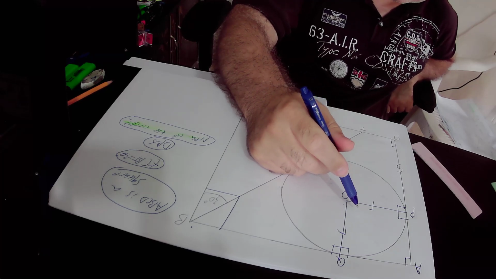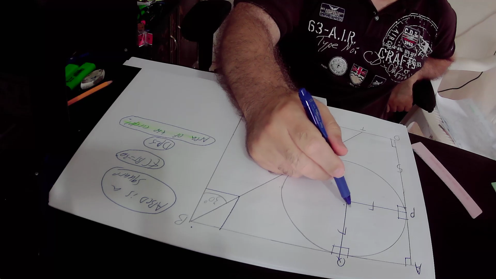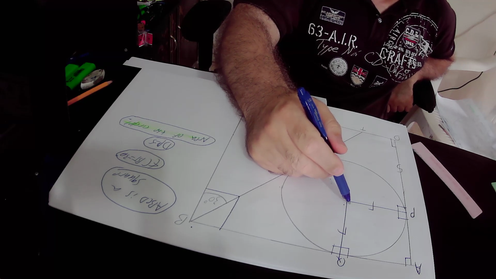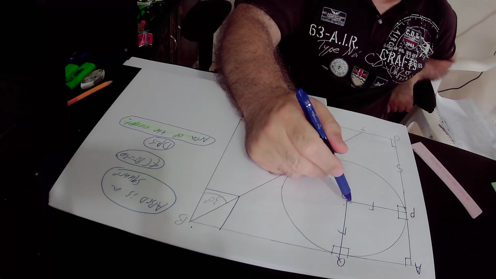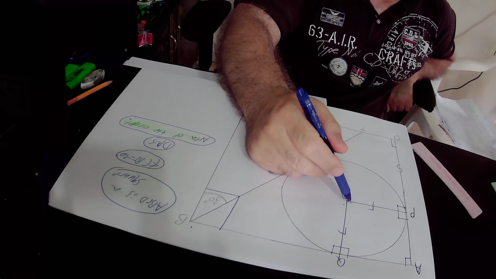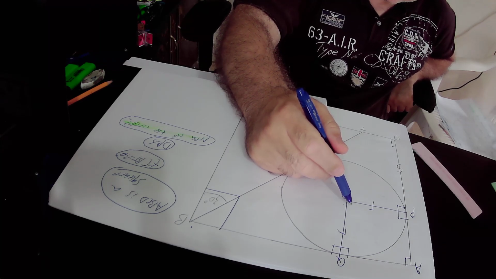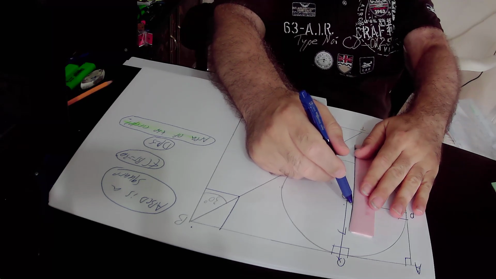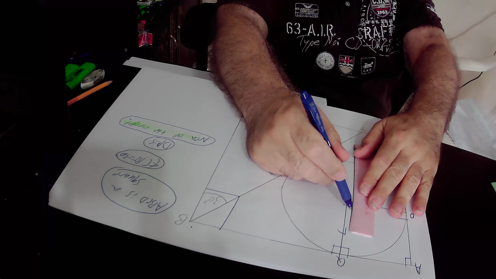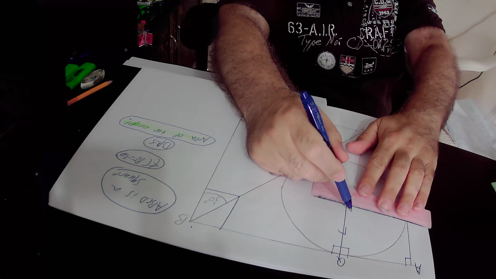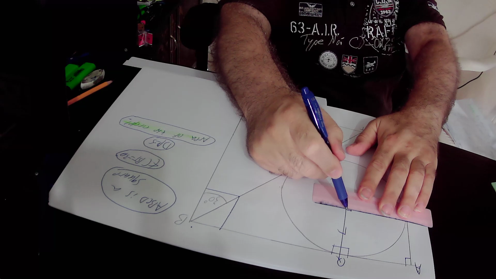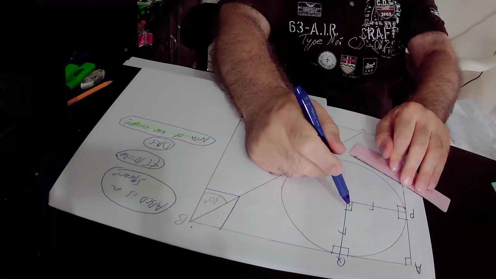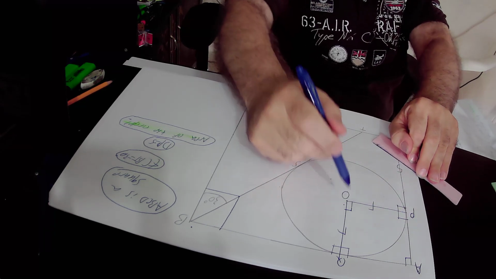So 270 degrees plus the size of this 4th angle, in total, must be equal to 360 degrees, according to the rule that the sum of the angles in any quadrilateral is equal to 360 degrees. Therefore, the missing angle must also be equal to 90 degrees. So 270 degrees plus 90 degrees is 360 degrees.